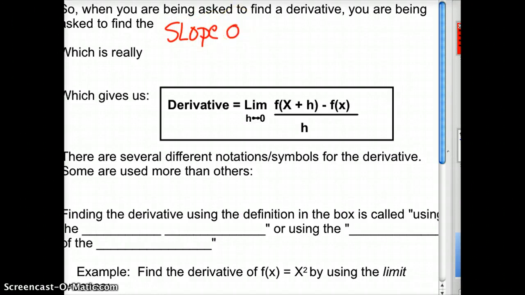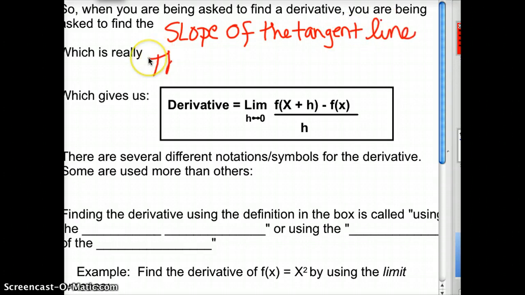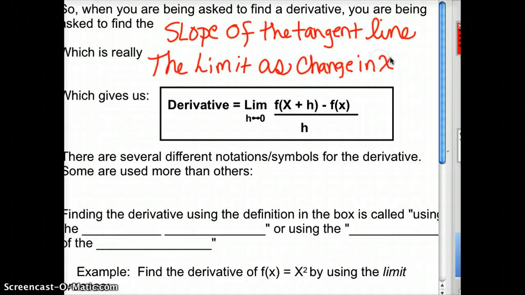The slope of the tangent line to a point on a curve is really the limit as the change in x, which we're calling h, or you might see written as delta x, becomes very close to 0. This is a very key point.